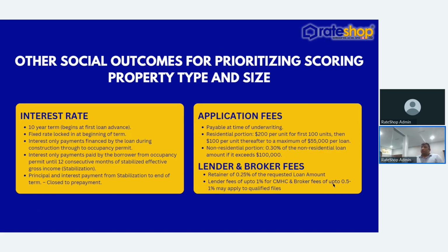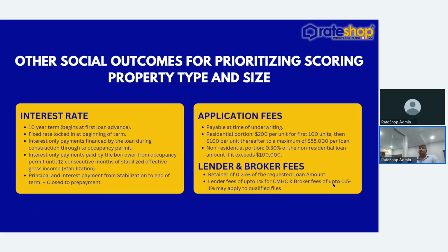So we also charge lender and broker fees. We don't get a payout from the lender on these transactions, so we have to charge an actual fee. What kind of fees do the lender and the broker charge? The retainer could be, let's say, 25 basis points of the requested amount. It's negotiable. Lender fees are typically up to 1%.